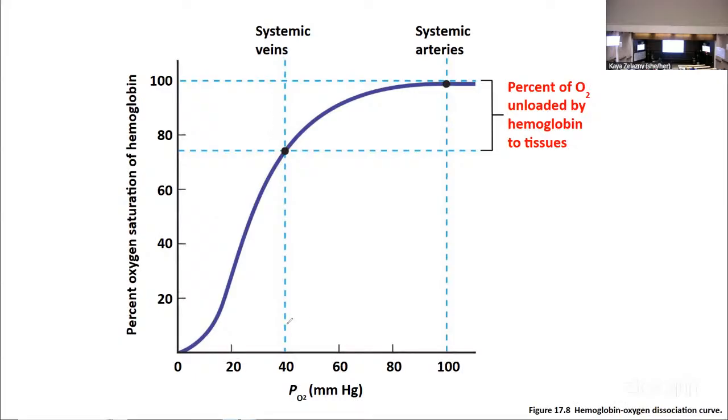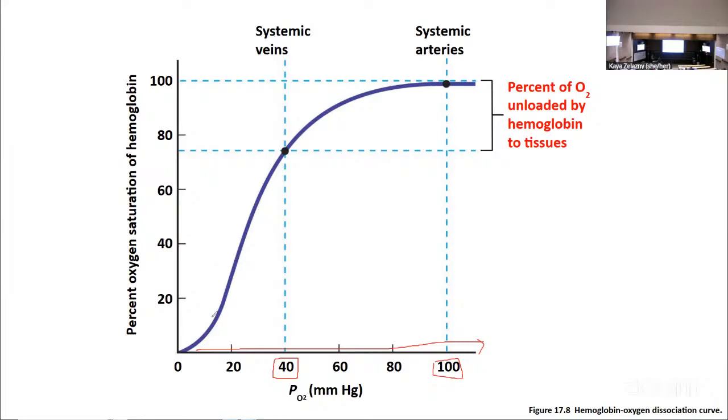We're looking at partial pressures of oxygen, the full range of partial pressures you could see, so 0 to usually 100, because that's one of our important numbers. A partial pressure of 100 is important because that's the partial pressure you see in arteries, the systemic arteries specifically. 40 is another point that we're going to pay close attention to because that's the partial pressure that we see for oxygen in our systemic veins.